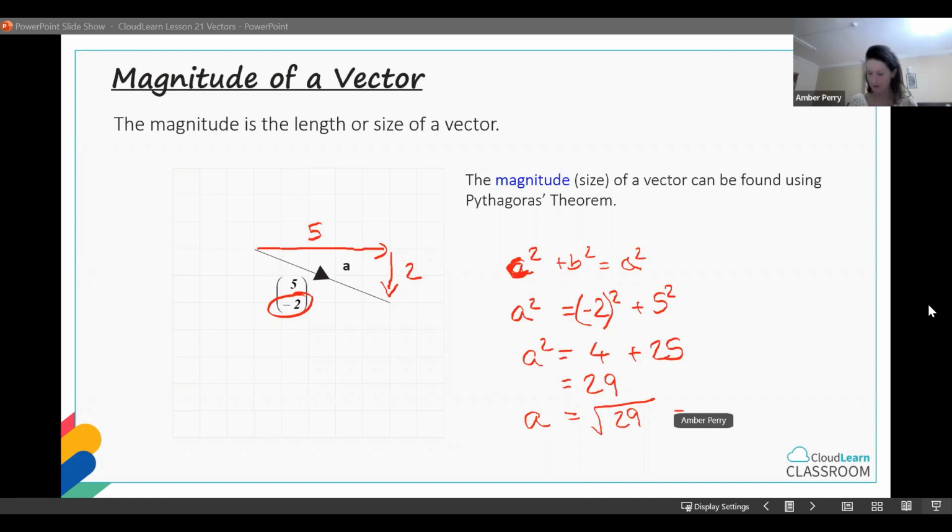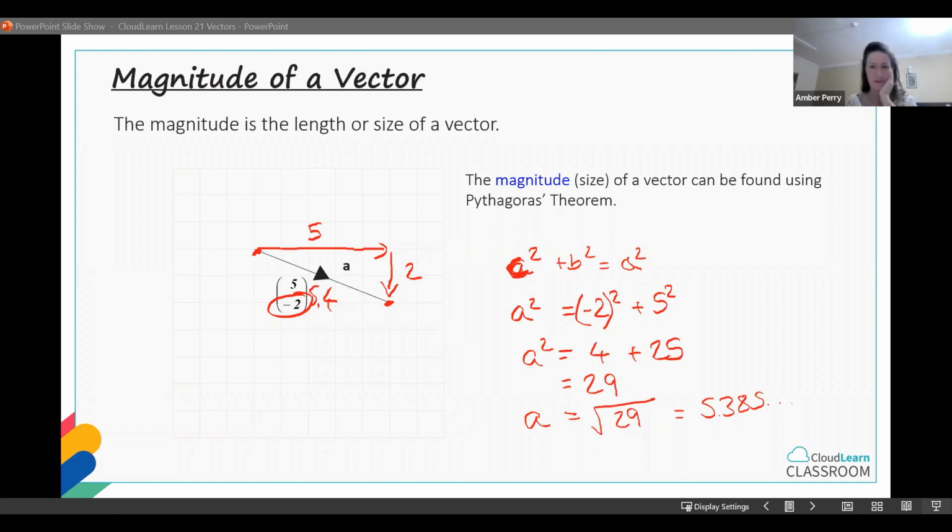It's about 5.385 and so on. And again, look at it. This distance here makes sense for it to be about 5.4, doesn't it? Because it's going to be a little bit bigger than the longest line in the triangle. So just check your answer, does it make sense? So that does make sense.